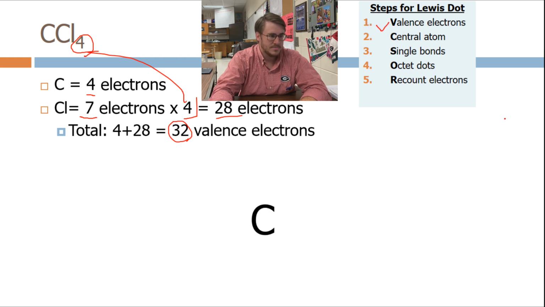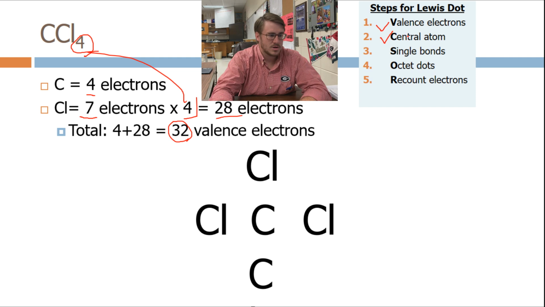Draw the central atom. Carbon is the fewest, so we'll put it in the middle. And the other atoms around it. We draw our single bonds between them. Then we count dots. Around the chlorine, there's 2. It needs 8, so I need 6 more. 2, 4, 6, 8.